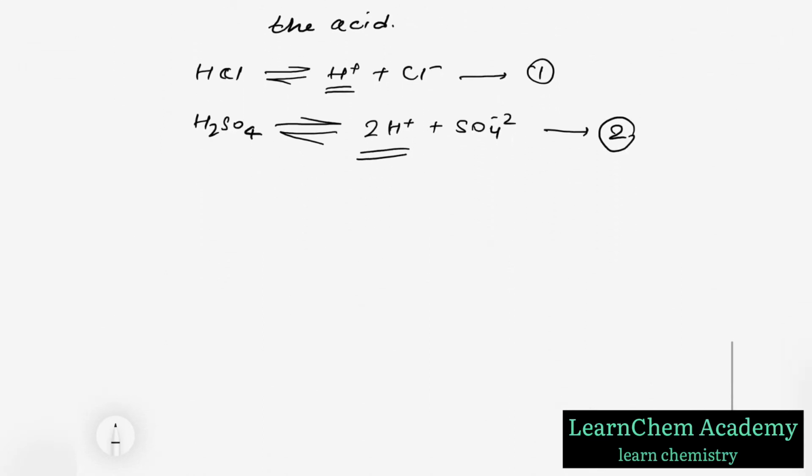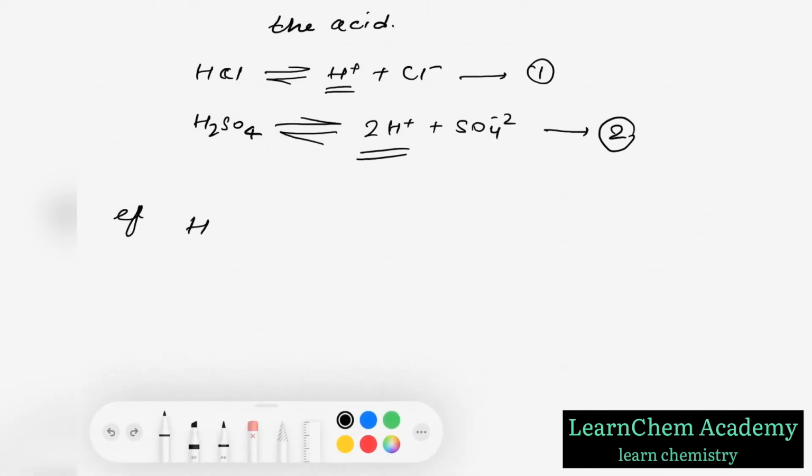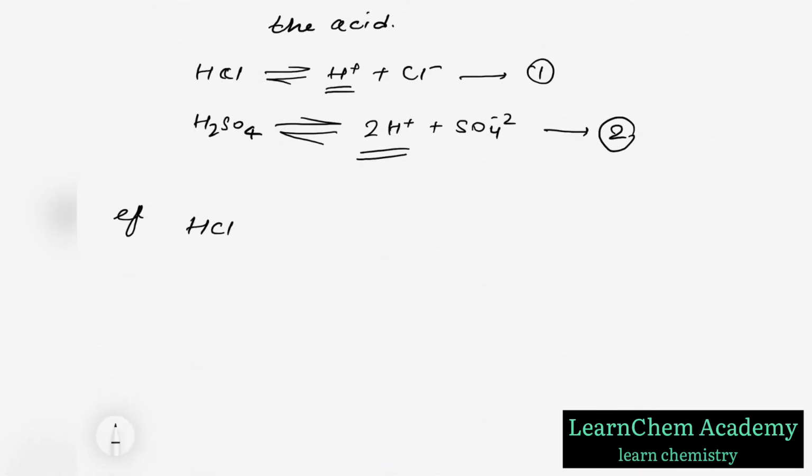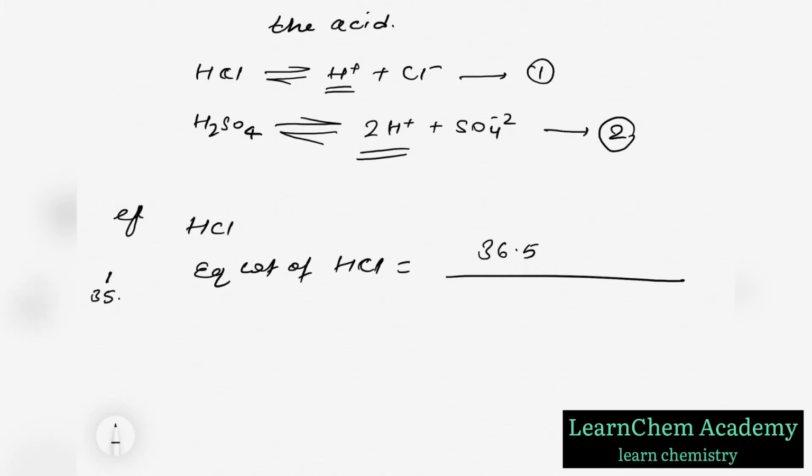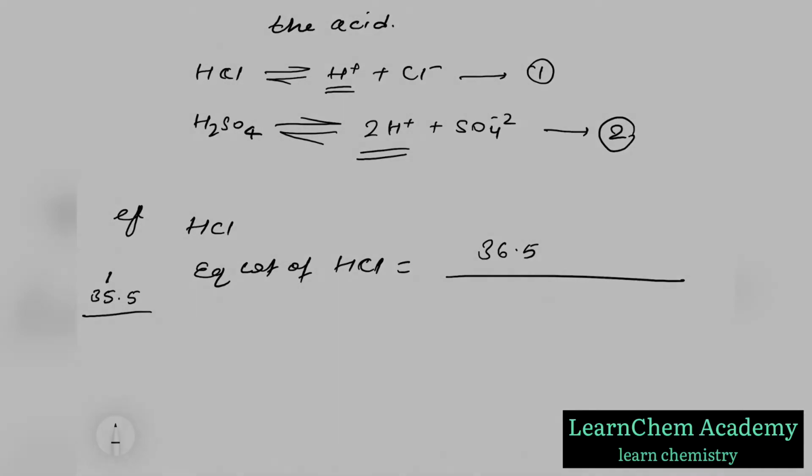Suppose we take HCl. The equivalent weight of HCl will be the molecular weight of the acid divided by basicity. The molecular weight is 36.5: 1 for hydrogen and 35.5 the atomic weight of chlorine.